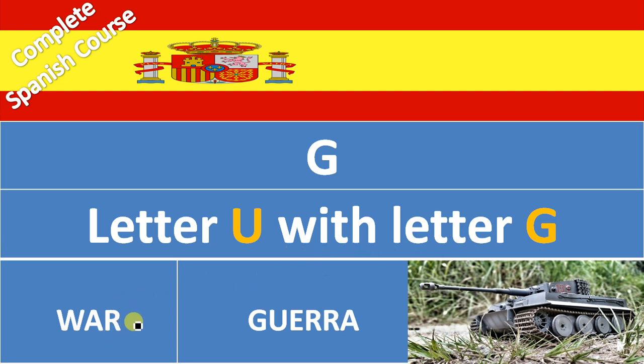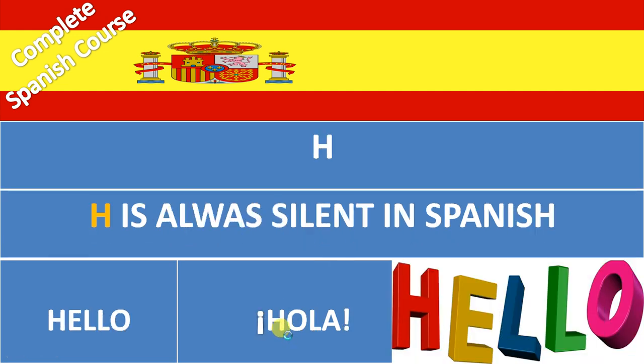In English we say war, but in Spanish we say guerra. We will pronounce this as guerra. So here U will be silent. Why is U silent? Because U is coming between G and E.